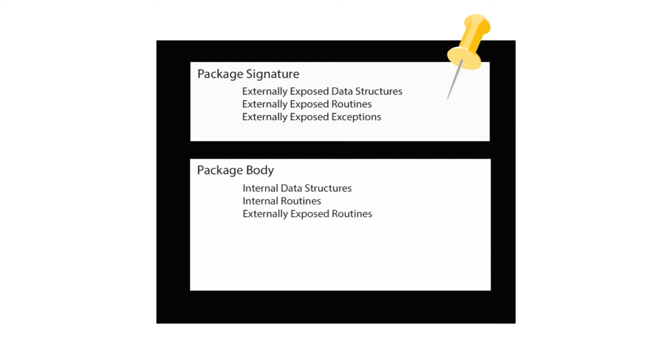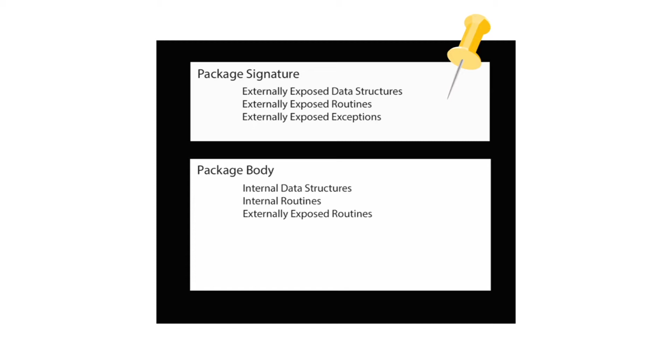It's what other PL/SQL and SQL programmers can see and use. The package signature will normally contain a set of externally exposed data structures through which our package will communicate data to the outside world, and a set of exposed functions and/or procedures. Optionally, a package signature may also contain package-specific exception definitions, but my experience is that's pretty rare.